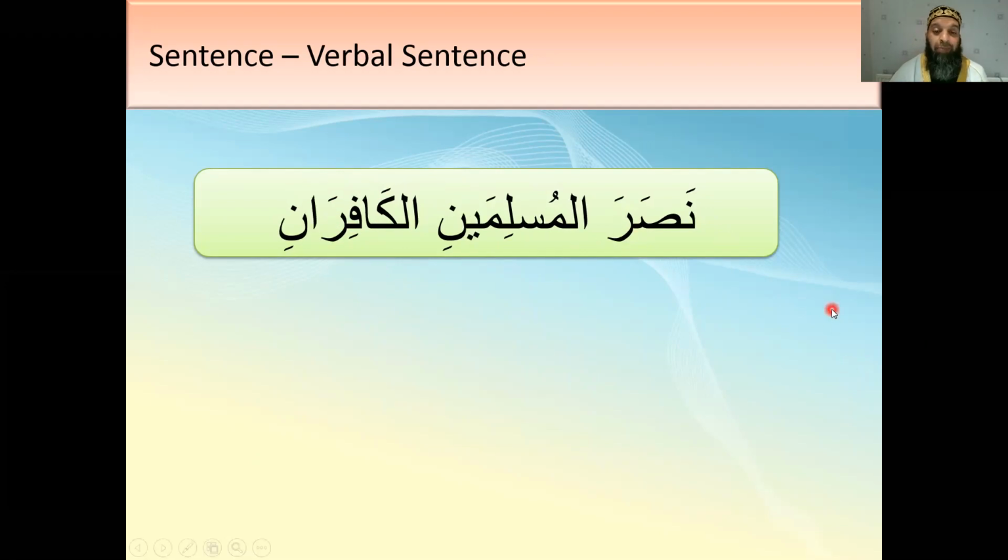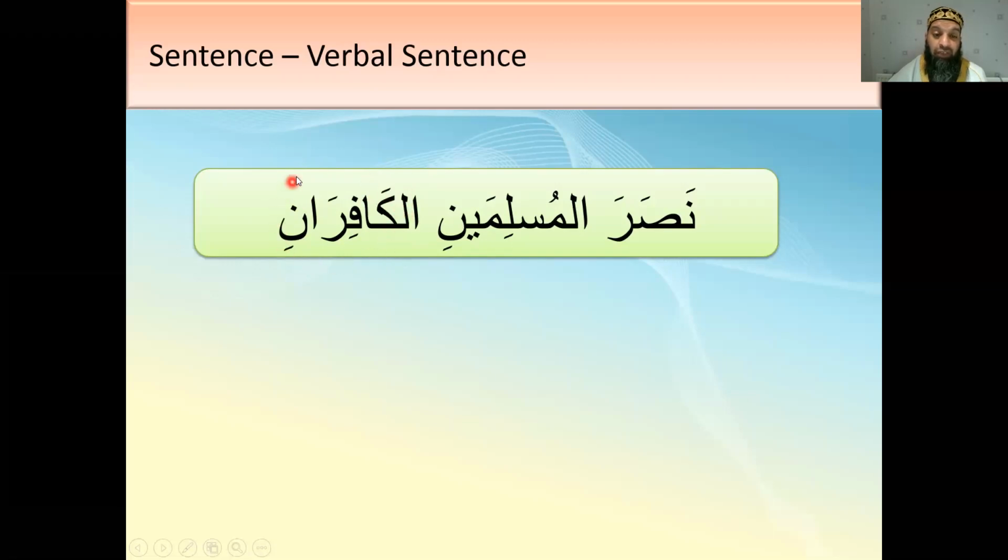Nasara al-Muslimaini al-Kafirani. So what does this one mean? Nasara, he helped. Who did the helping? Who is doing the verb? Two disbelievers. Yes, because ani is marfu. So the two disbelievers helped.